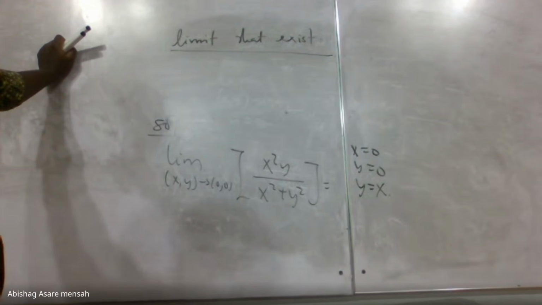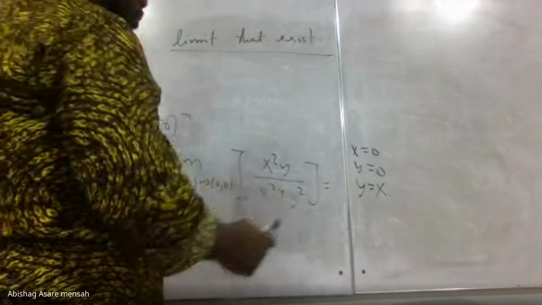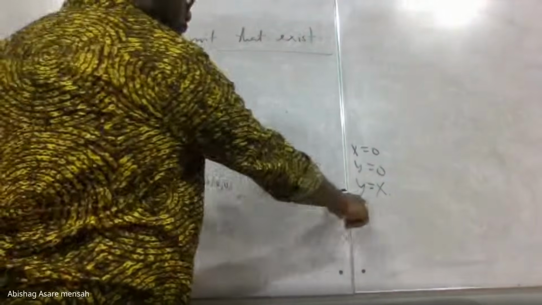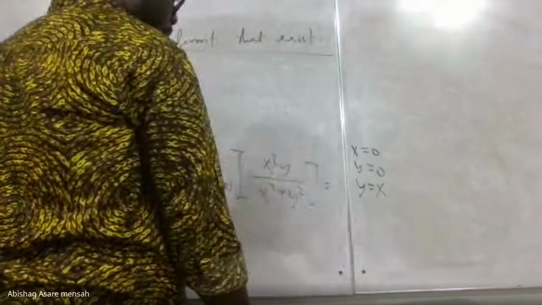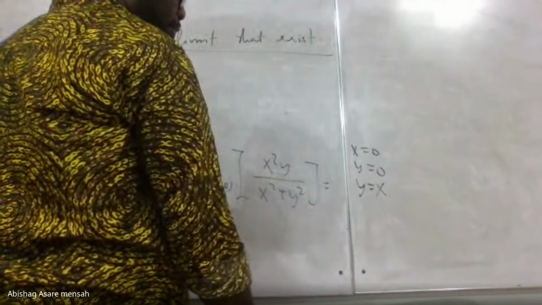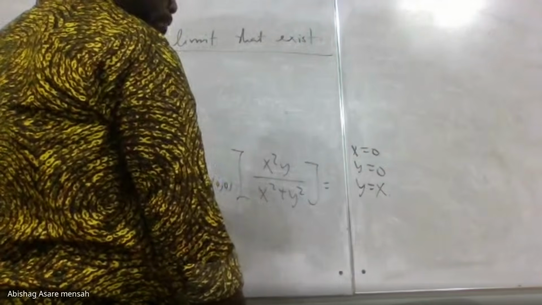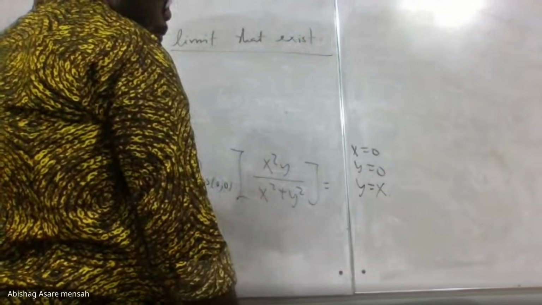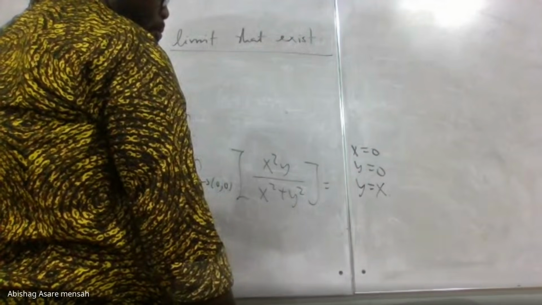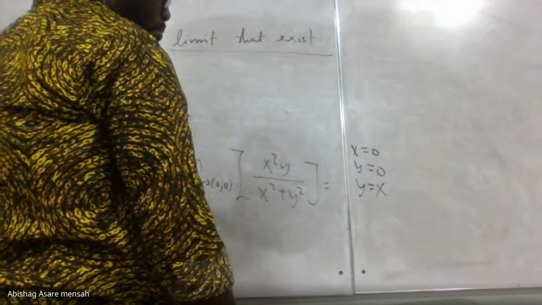Add 1/2. So let's set y is equal to x. I didn't say y squared, I didn't say y is equal to x squared. I said y is equal to x.